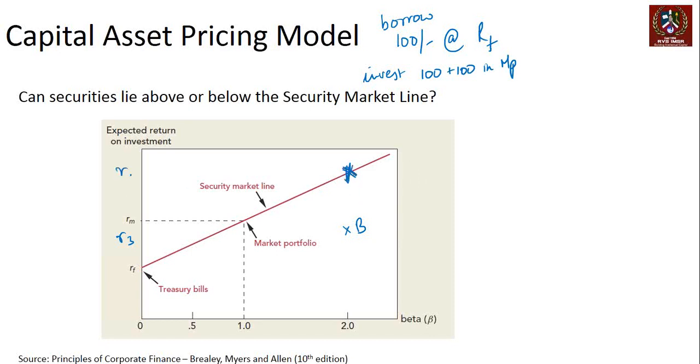And again you will find that R4 is greater than R3, so no one will buy this stock B till the time the price of B falls such that expected return on B goes up to the security market line, right? So for all practical purposes, unless A and B lie on the security market line, people will not buy these stocks.